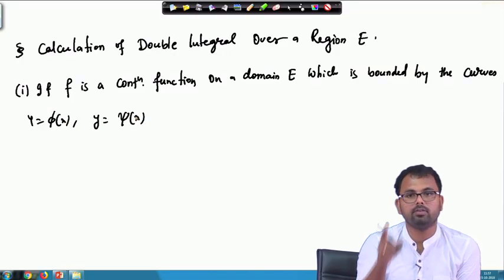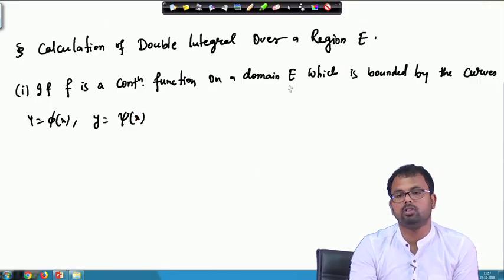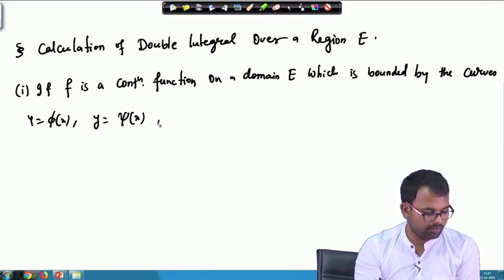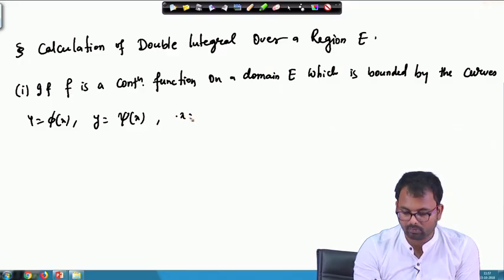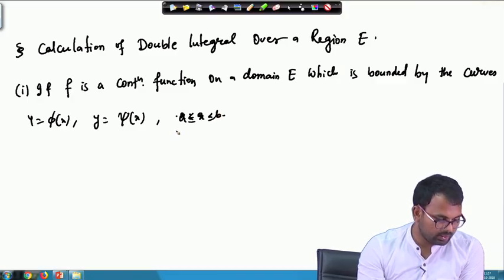So, these two are the curves that are defining the region or the domain E, where x is such that a is less than or equal to x less than or equal to b.